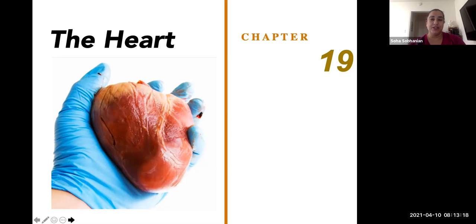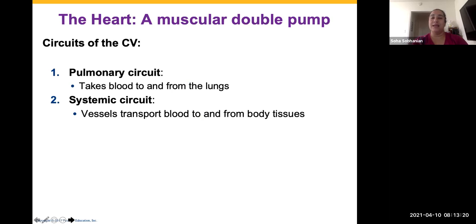So as I mentioned, today we're going to look at the heart anatomy. One of the first things we want to talk about is the concept that your heart actually has two separate circulations. It is a continuous circulation for both, but it is technically two separate circuits.